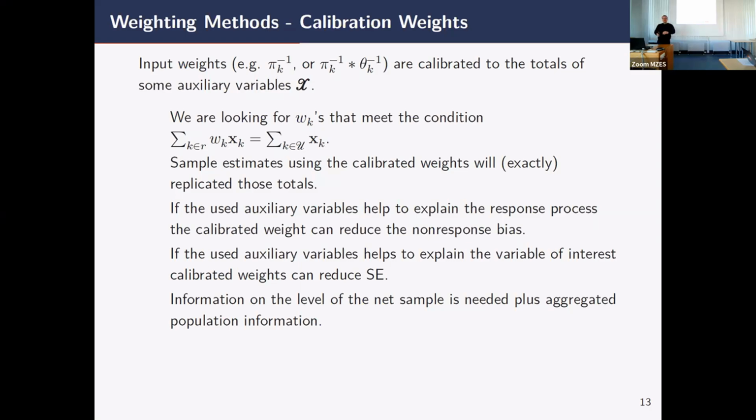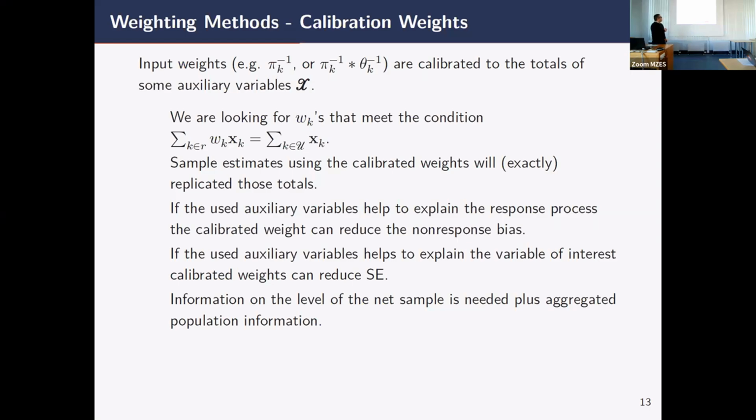So how calibration works, so having some incoming weights, they can also be just ones, doesn't really matter for the method to work. But in practice, often you have some incoming weights as either the so-called design weights, so the inverse inclusion probabilities, or inclusion probabilities adjusted by response propensities. And then these weights are adjusted in such a way that they replicate some known population points.